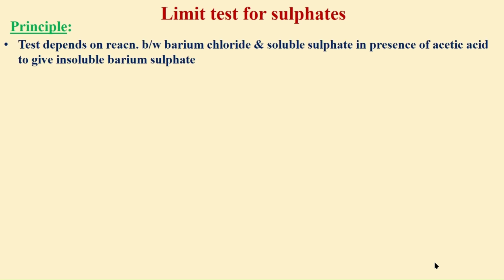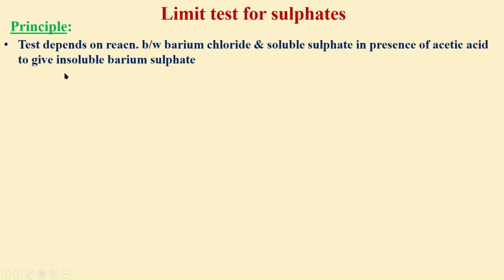In the limit test for sulfates, we use barium chloride as a reagent. This barium chloride reacts with the soluble sulfate ions, and the two react together to give barium sulfate, which is insoluble in water.